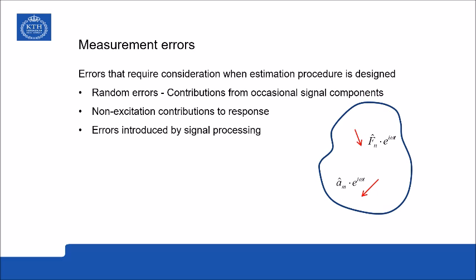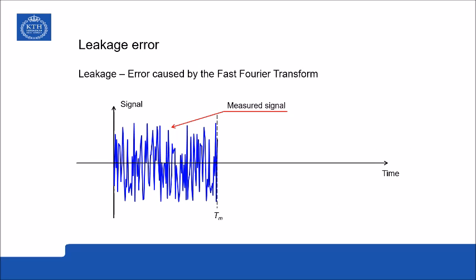And how do we reduce this influence from the signal processing? We will start with one type of important error that is called leakage error. And that is an error that is caused by the fast Fourier transform. That is one example of an error introduced by the signal processing.